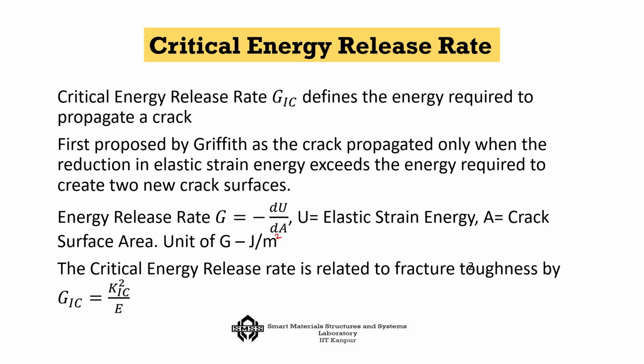Now, another important factor that comes here is called the critical energy release rate. So, the fracture toughness is from the force point of view, whereas critical energy release rate is from the energy point of view. The advantage is that for fracture toughness, you have all these modes that come into the picture, mode 1, mode 2, mode 3.